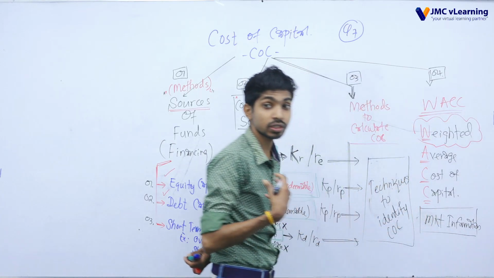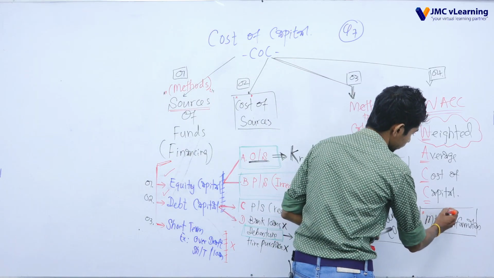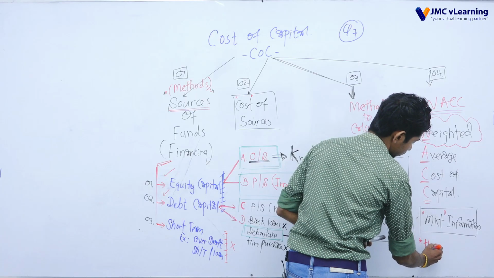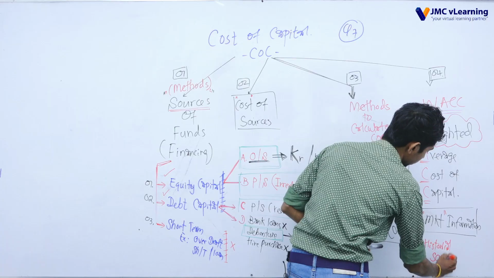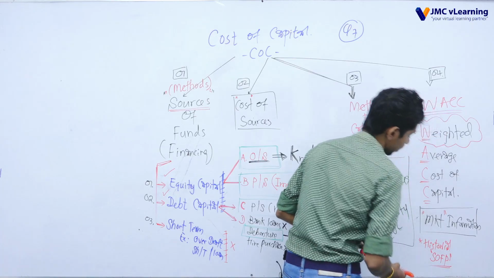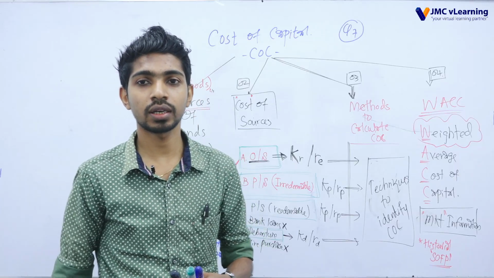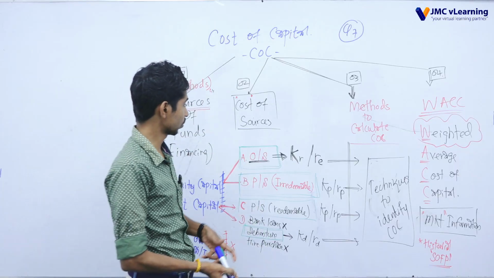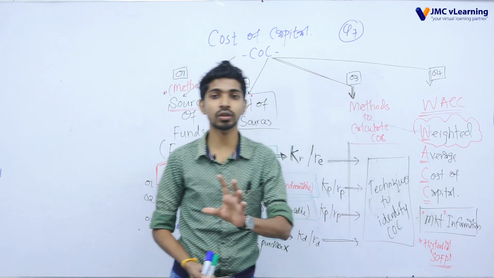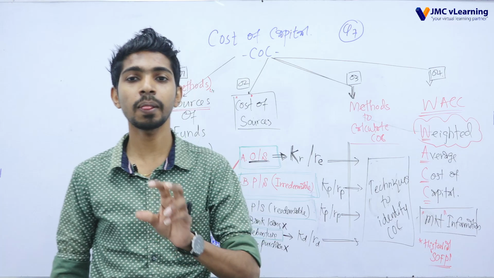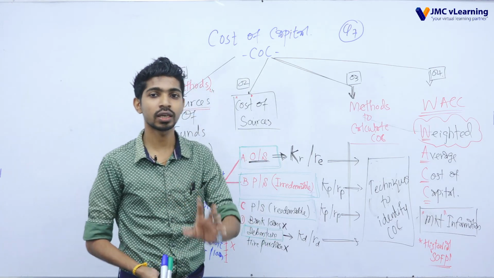If market information is not available, we can use the historical method. Historical means statement of financial position figures. If you don't have observable or reliable market information to calculate each source, then we have to work on our historical figures, which are available in the statement of financial position, normally the balance sheet. From those figures we can calculate our cost of capital.